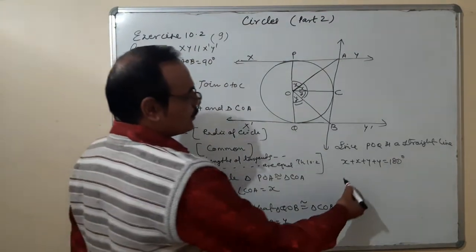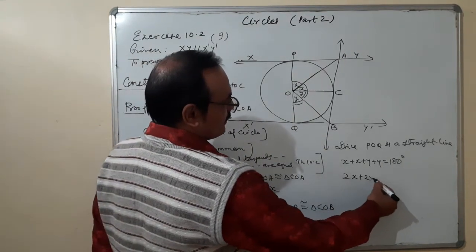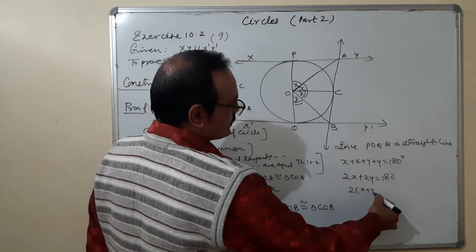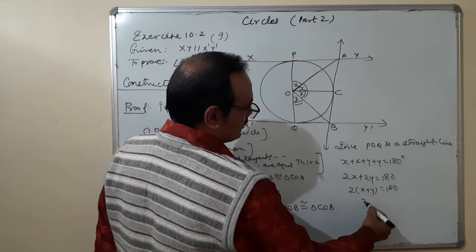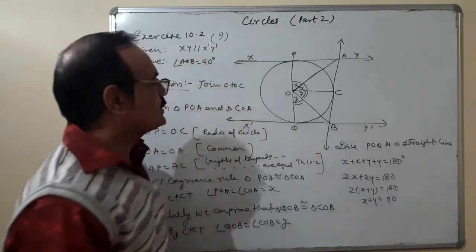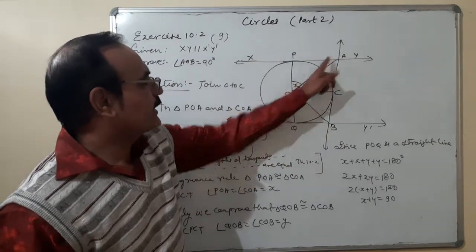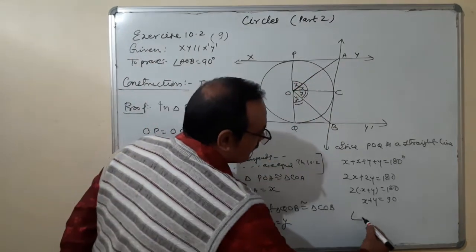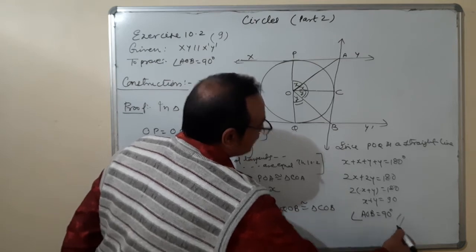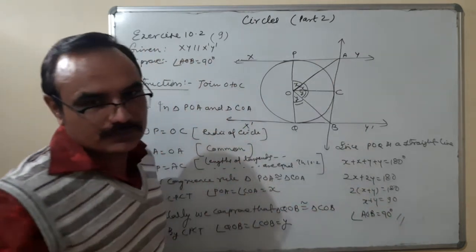And what does it mean? 2x plus 2y is equal to 180, 2 common, x plus y is equal to 180 upon 2, that is 90. And what is x plus y? X plus y is angle POB. So angle AOB is equal to 90 degrees. Angle AOB is equal to 90 degrees.